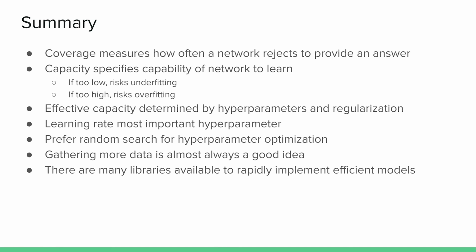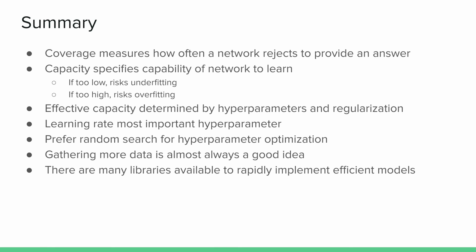So if the capacity is too low, we would risk underfitting, not being able to learn the underlying function. If it's too high, we risk overfitting, learning too sharp curves of our function and then not being able to generalize well to previously unseen data.